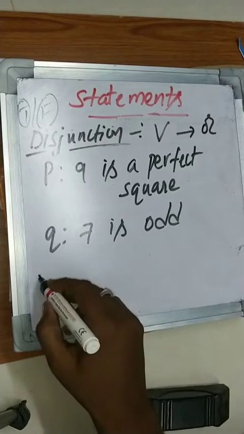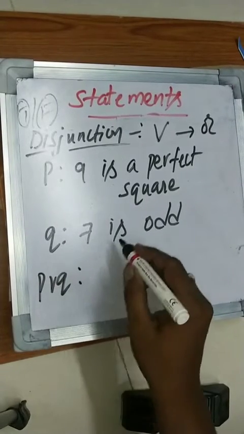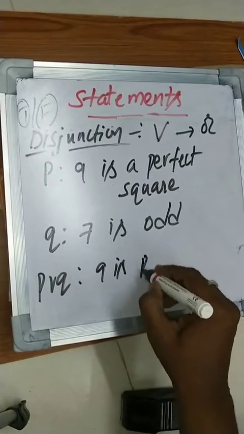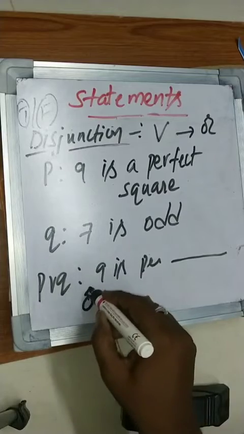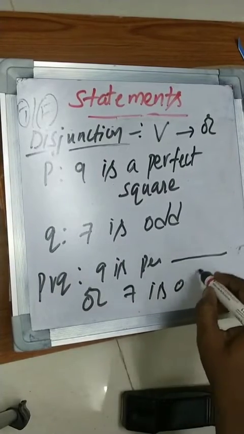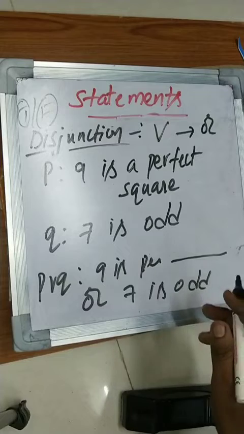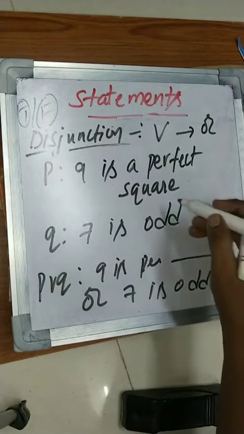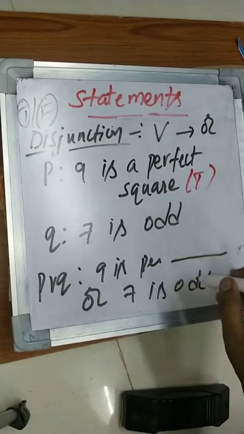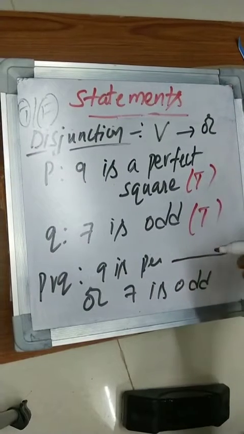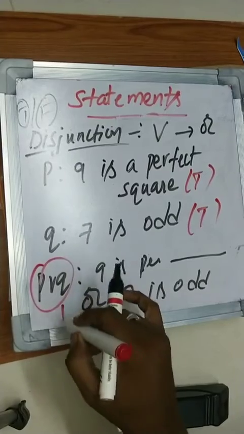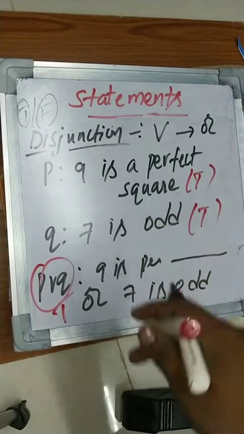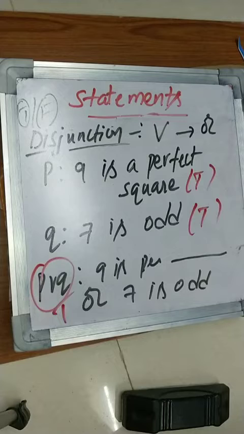Then what will be P or Q? P or Q will be: 9 is a perfect square or 7 is odd. 9 is a perfect square, what is its truth value? It's true only, right? 9 is a perfect square, and 7 is odd, it's also true. So what is the truthness of P or Q? True. Whenever you have both false, then only it will be false, right? So that is called the disjunction.